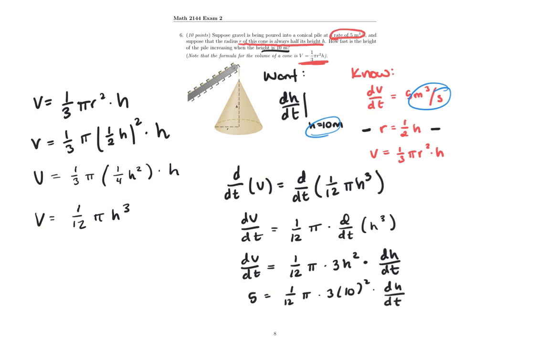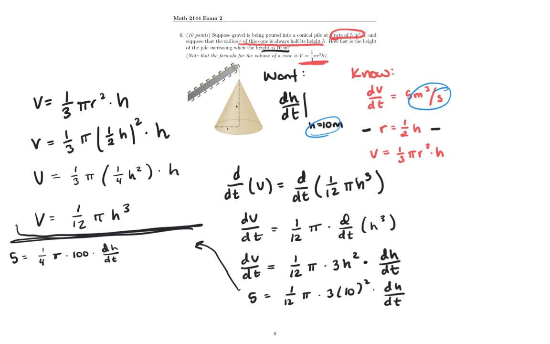Okay, so 1/12 times 3 gives me a 1/4. Let me do my simplification. I'm kind of running out of space, so let me make a little line and make an arrow. So 5 is equal to 1/4 pi times 100 times dh/dt.